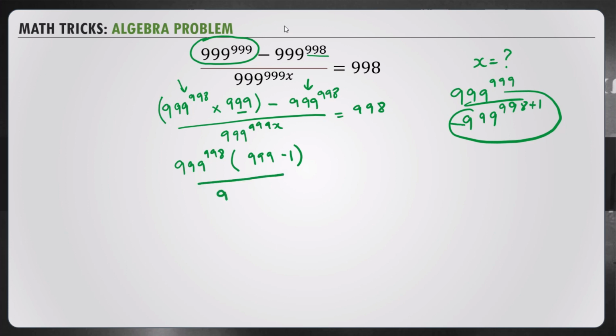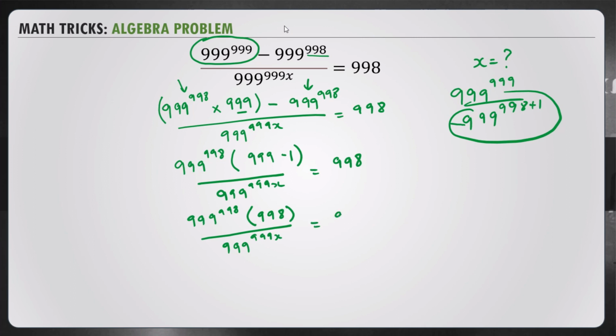Okay, and everything comes in as before. Okay, 999 minus 1 is 998. Let's continue. 999 to the power of 998 into 998 over 999 to the power of 999.